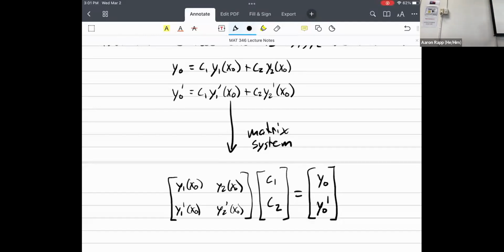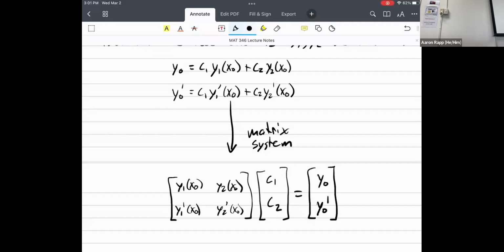And then to be guaranteed that this system will have a unique solution, i.e. unique values for those constants, C1 and C2, there's a particular matrix that I have to look at. Well, what's the only matrix I have there? It's a 2x2 matrix with all the y's, right?